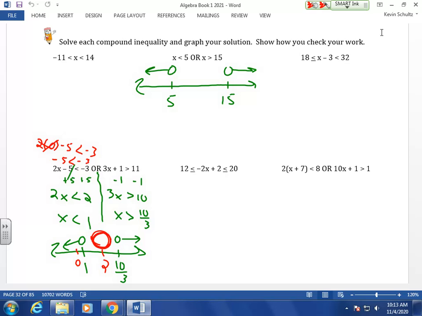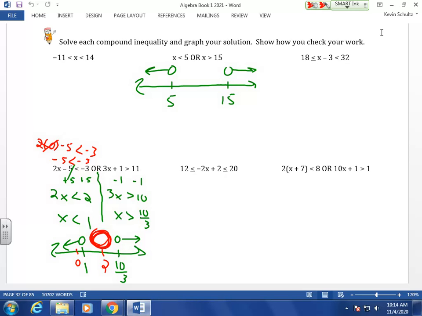So to check an or statement, you could either check it twice, pick a value from both solution sets and plug that value into its inequality to see if it works, or you can kind of just math hack, check it once by picking a number that's not in either solution set, and it's not going to work in either one. Okay. Anything else?